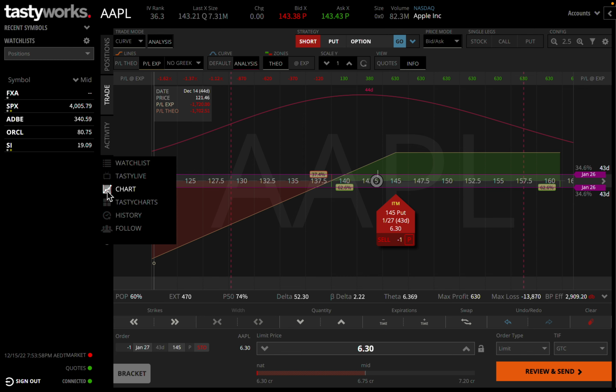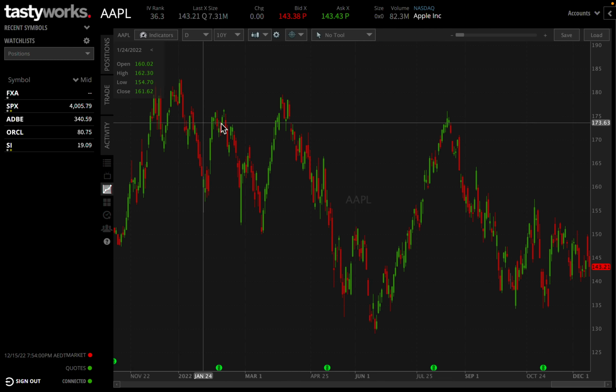Now, let's say you're only looking to collect, you don't want much risk and you just want to collect $100. So if you have a look at the chart, this is the price of the stock so far. You might want to really reduce your risk of having to buy the stock, right? So you can see here it's had a bottom of about 128. So you might want to go as low as that.